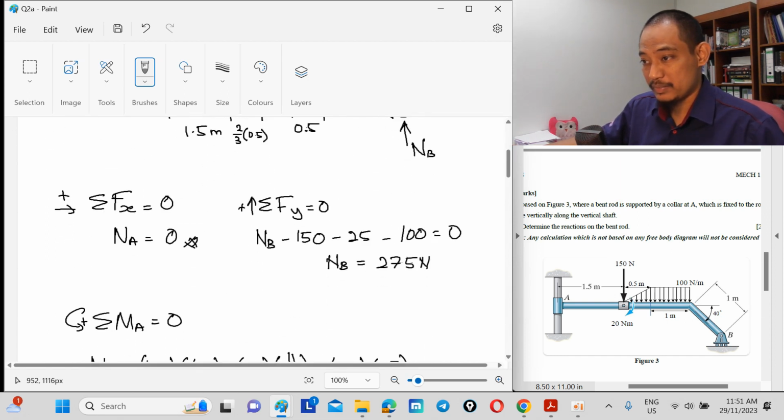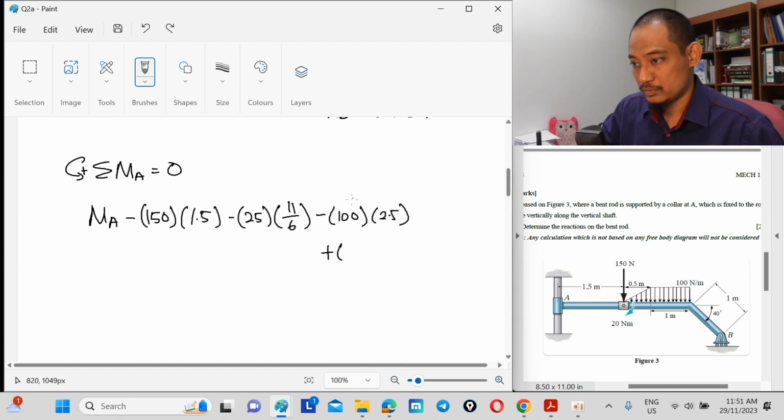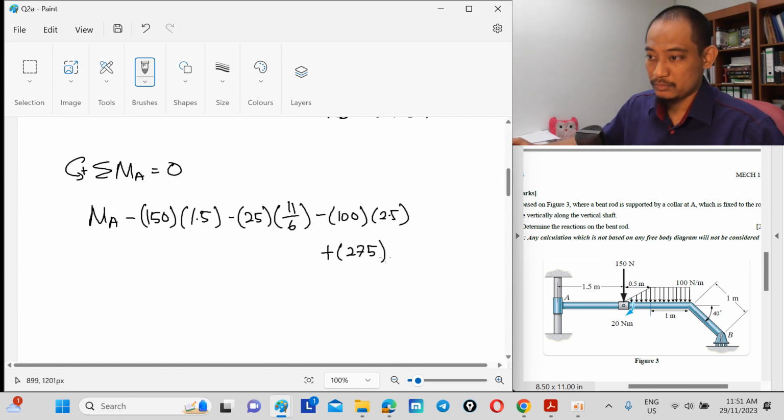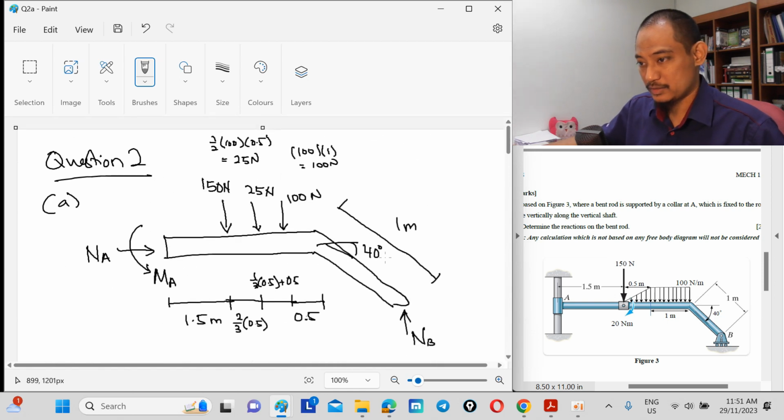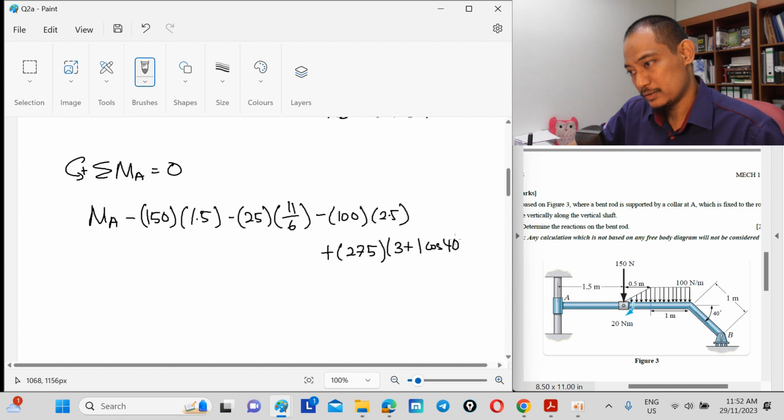And then NB is 275, so that is plus 275 with a distance of, what is that? 1.5 to 3, plus 1 cos 40 degrees.